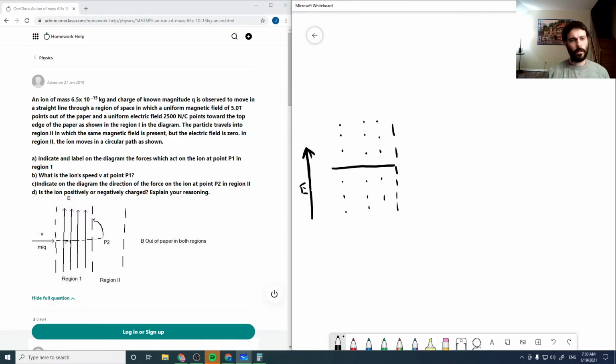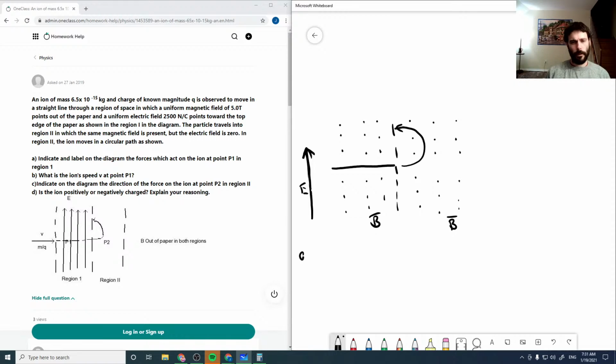And then it travels into region 2, in which only the magnetic field is present. So there's no E field this time. And the particle is deflected into a circular orbit in this direction. So already we can get our charge sign from our B field there.